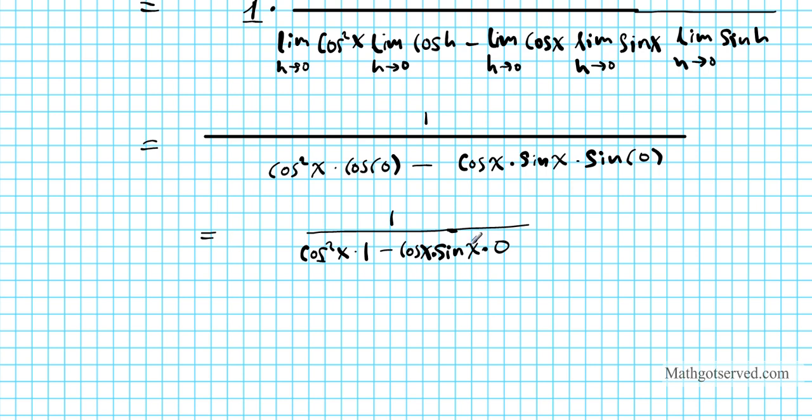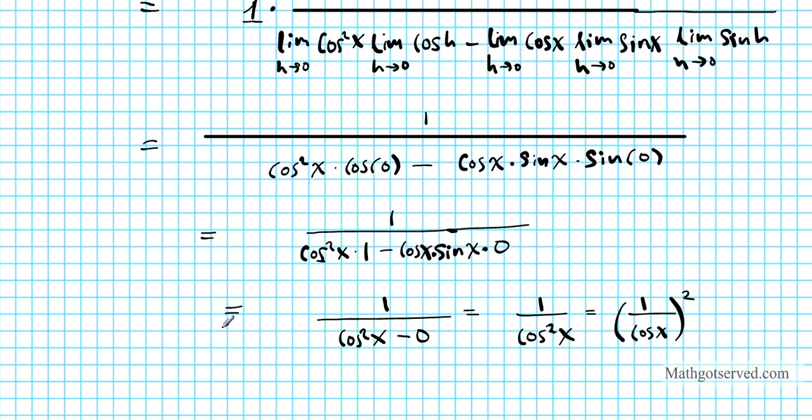You multiply all these terms by 0, they'll go to 0, right? So you're going to have cosine square x times 1 is just cosine square x minus 0, which equals 1 over cosine square x, which equals 1 over cosine x squared.